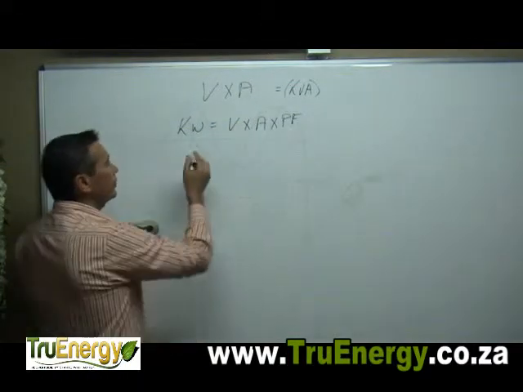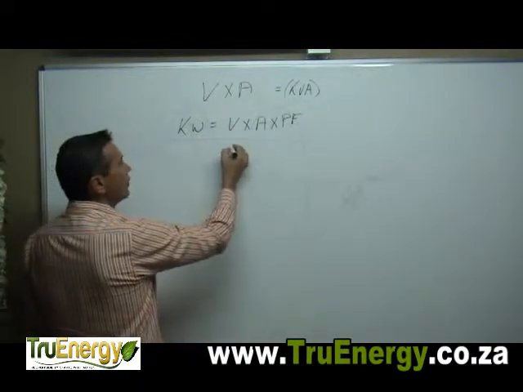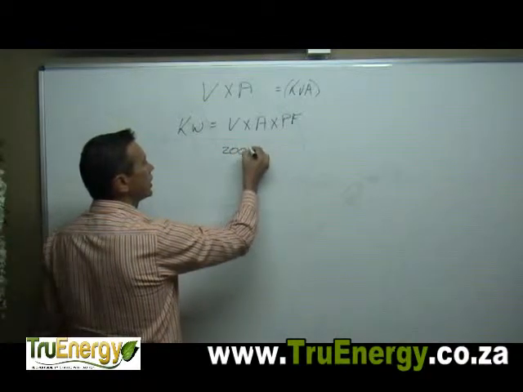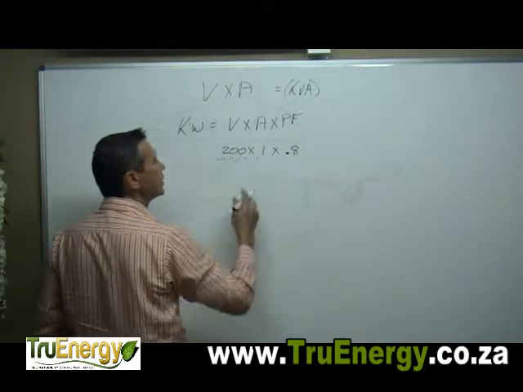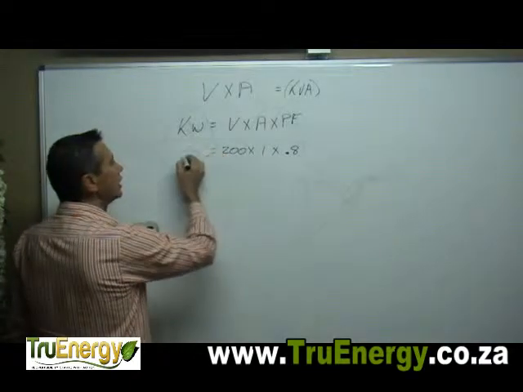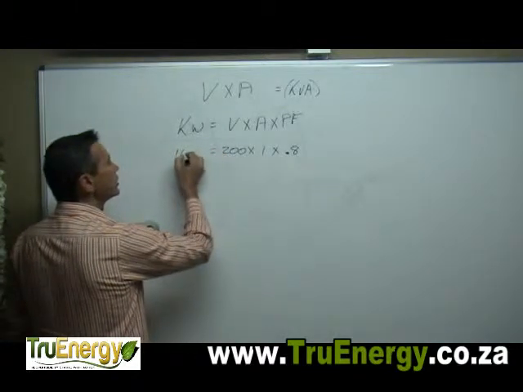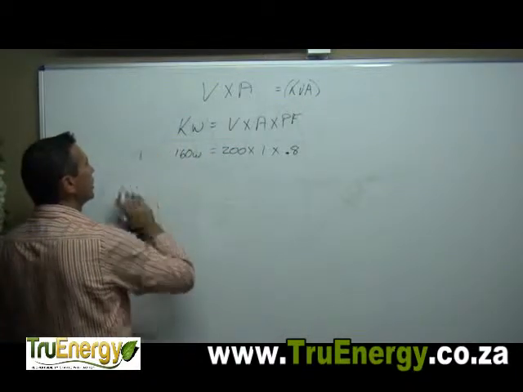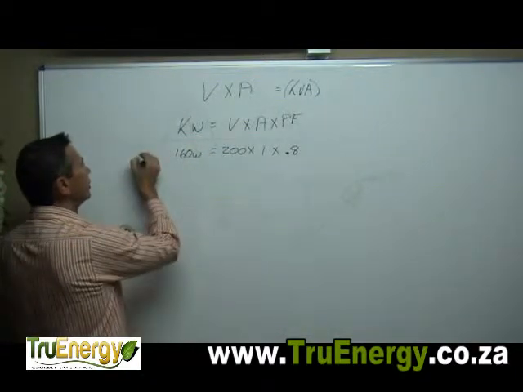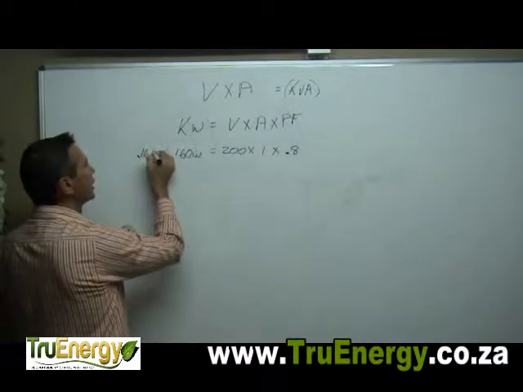Now, if we say volt being 200 volt, times 1 amp, times a power factor of, let's say, 0.8, so 20% loss, that equals 160 watt, or you could say 0.16 kilowatt.